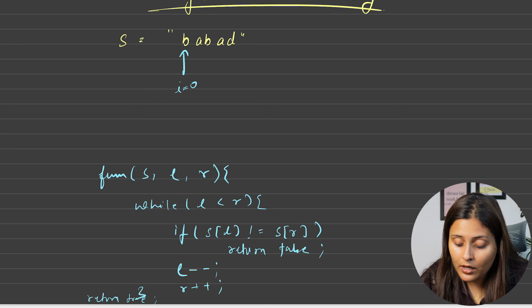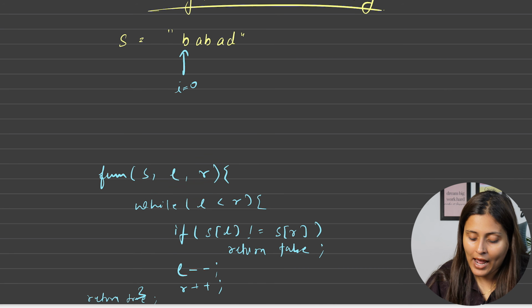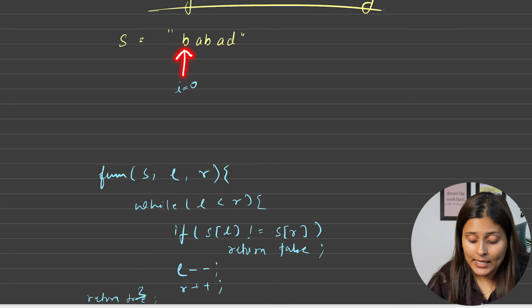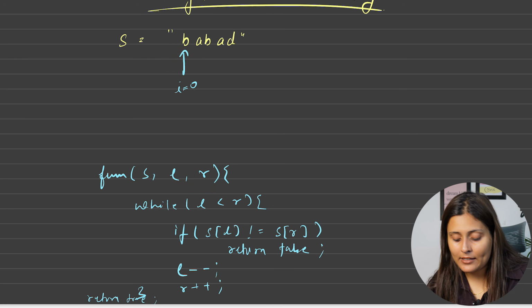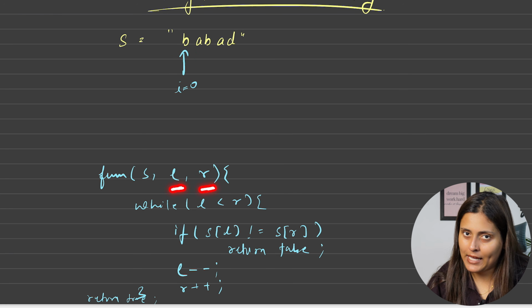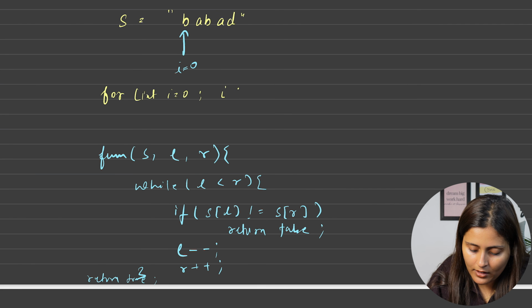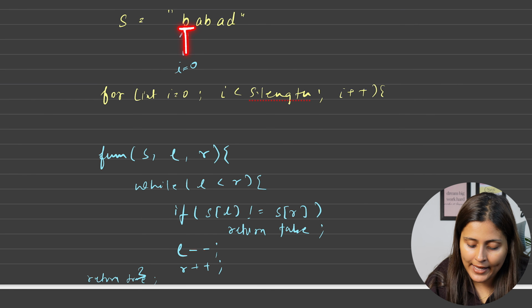But the left and right pointer we are sending here matters, because you just saw when I is here, to check if it is an odd length palindrome or not, left and right should be the same index, I, but for even length, left should be I and right should be I plus 1. So now we will run another for loop for int I equal to 0 to S dot length, and basically my job is to check every ith index.